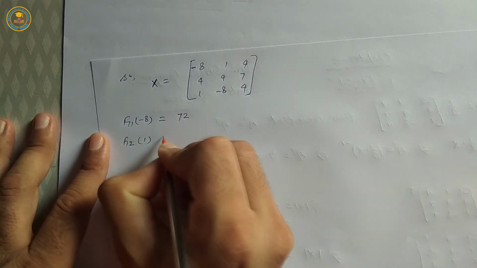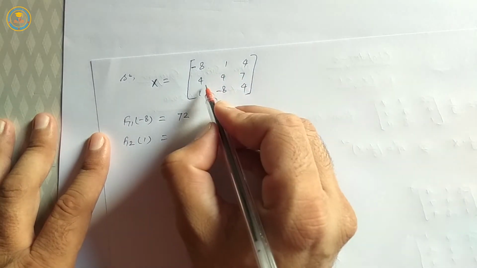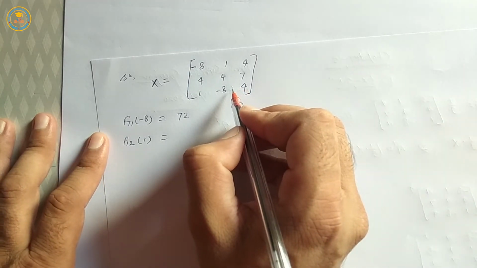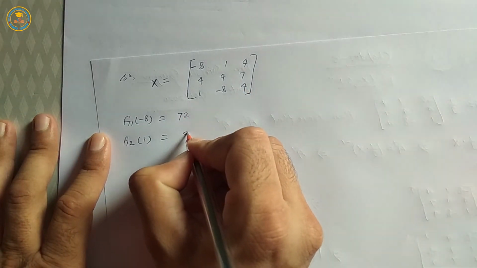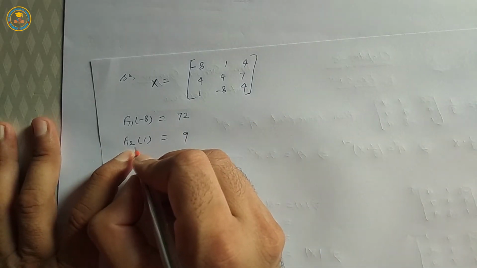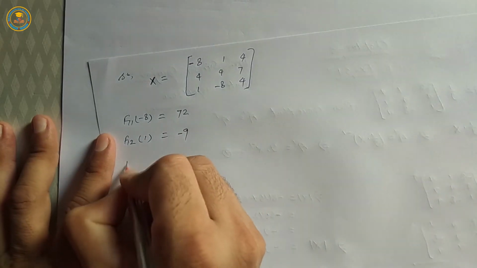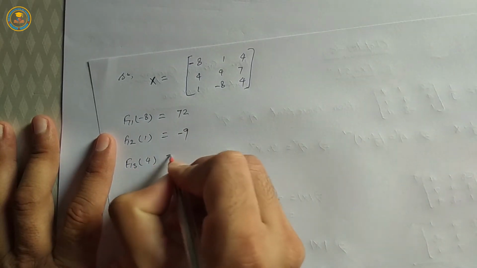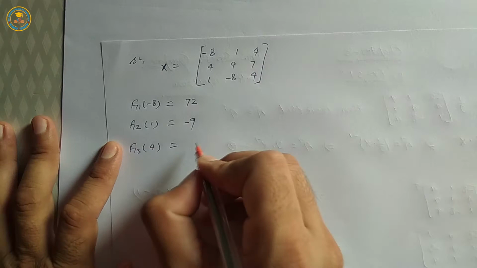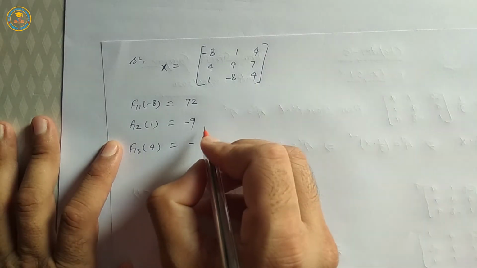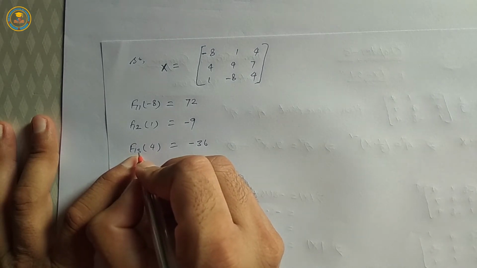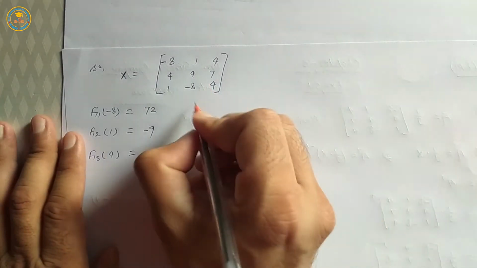F12 over 1 is equal to 4 into 4, 16, minus 7, 9. 1 plus 2, 3, odd number, it means minus. F13 over 4 is equal to minus 32 minus 4, which means minus 36. 1 plus 3, 4, even number, positive.